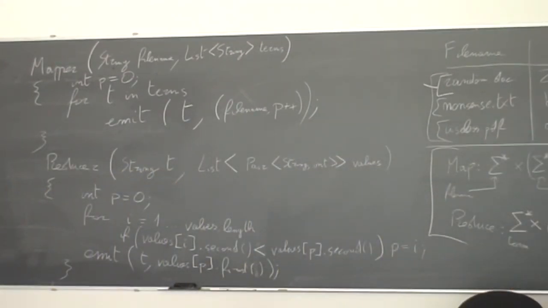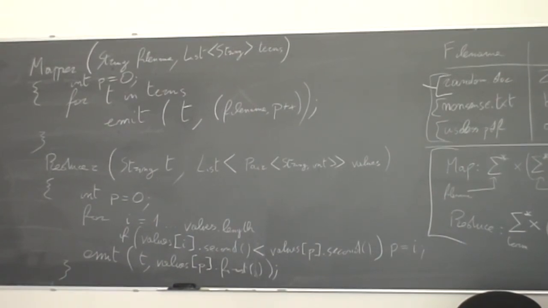Okay, the second question, actually, well, this was the answer to the third question, but the second question asked if a combiner could be useful in this case. What could the answer be?